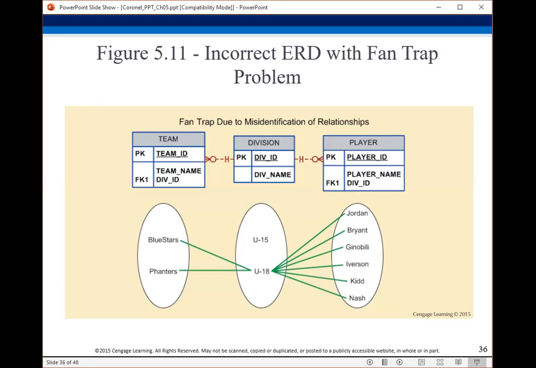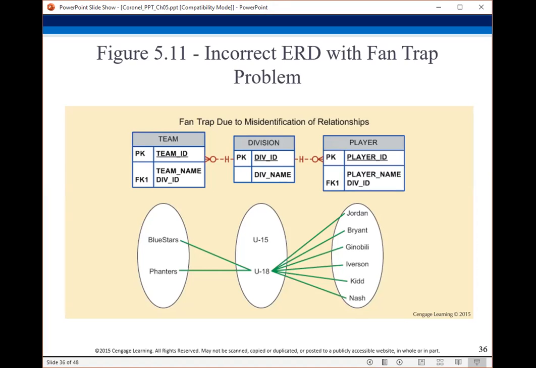This is the opposite of what we do when we have a composite entity, where we have two one-to-many relationships going into that composite entity. Here we have an error. We have two different one-to-many relationships coming out of a particular entity.